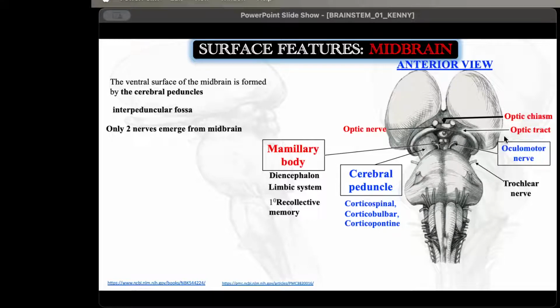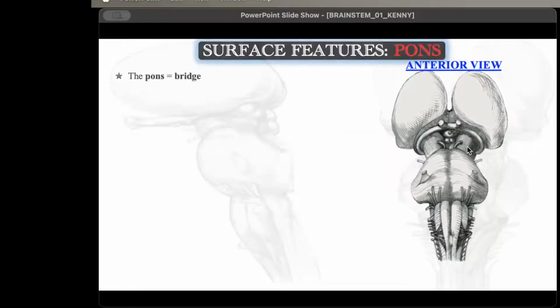All of these reddish structures are not from the brainstem; they have another origin. The mammillary body comes from the diencephalon. It helps in the limbic system, and its primary function is recent memory. So that's it for the surface anatomy of the midbrain.